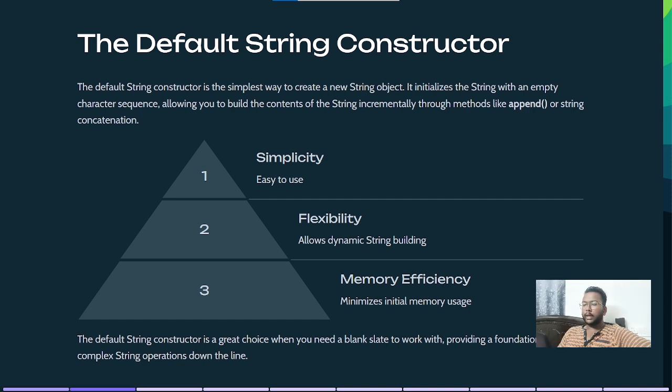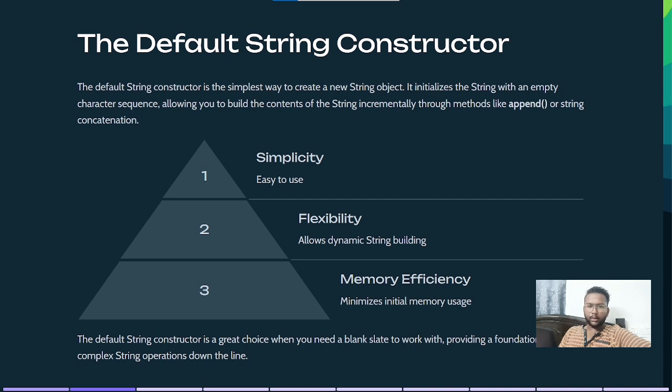So, coming to the default string constructor. The default constructor is the simplest way to create a new string object. It initializes the string with an empty character sequence, allowing you to build the contents of the string incrementally through methods like append or string concatenation.